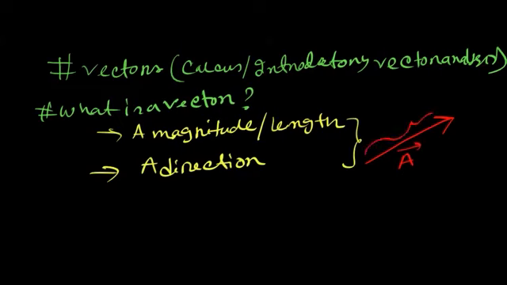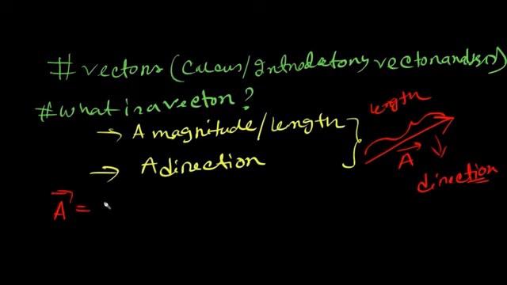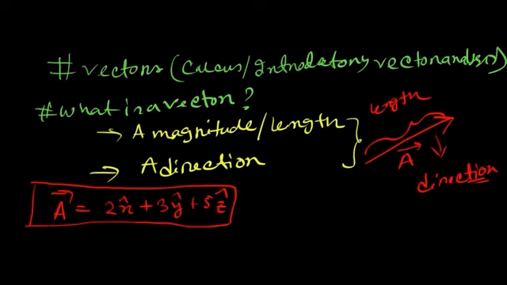It has a length and it has some direction, right? And if you recall, let's say you had a vector like 2x hat plus 3y hat plus 5z hat. I hope this representation is familiar to you.